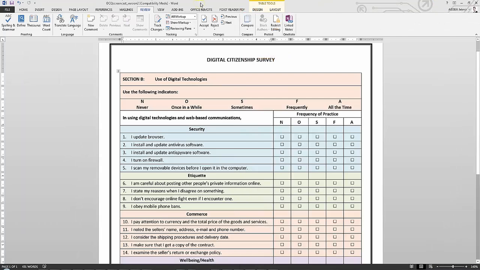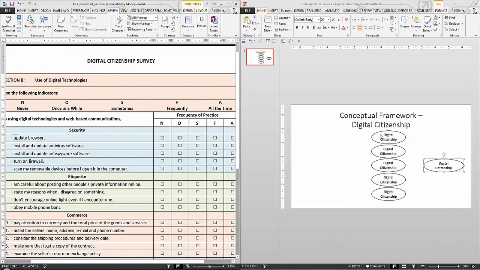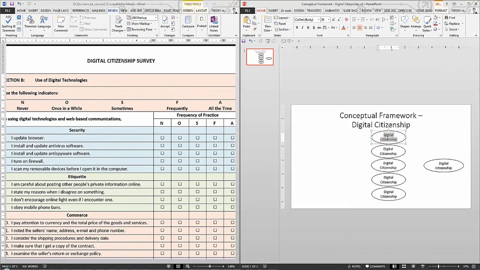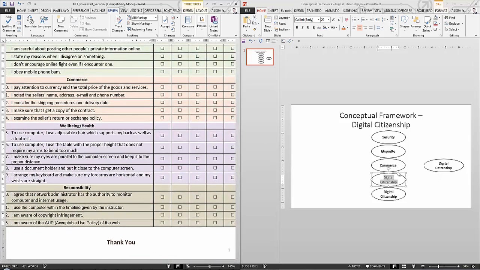So we can look again back at our questionnaire. So the first subconstruct is security. The second is etiquette. Third is commerce. And you scroll down.